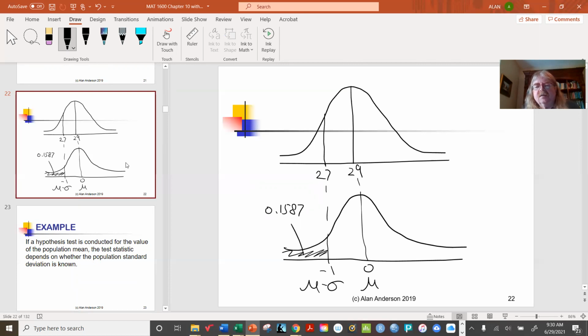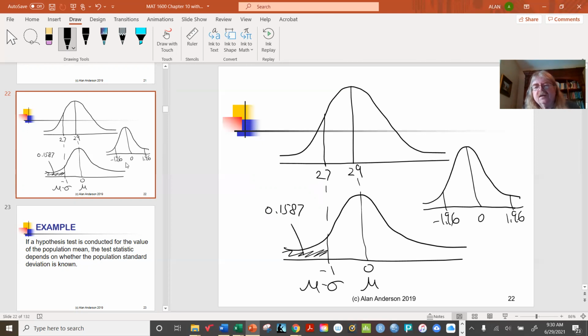Okay, so let me just fill this in here. So that means our critical values would have been plus and minus 1.96. If our test statistic put us here, that means we would not have rejected the null because it's not in either tail.